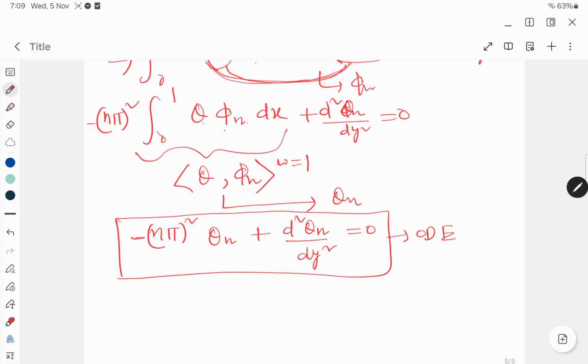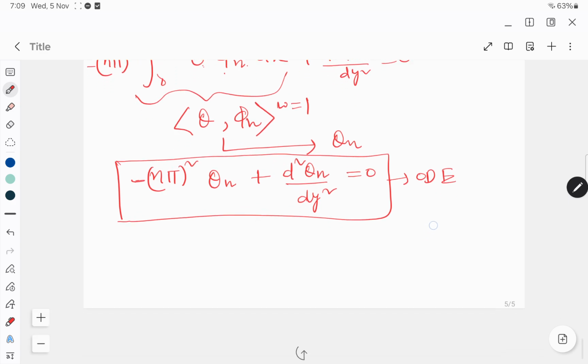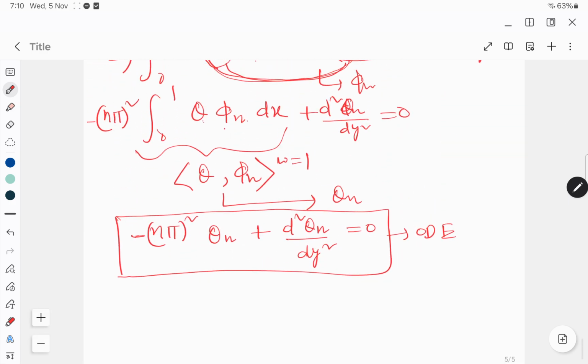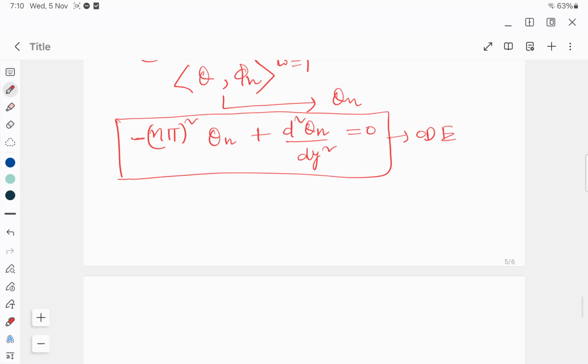How has that come? By taking the finite Fourier transform of the PDE. And this could be easily solved. So this is the ordinary differential equation d2 theta n over dy square minus n pi square theta n is equal to 0.